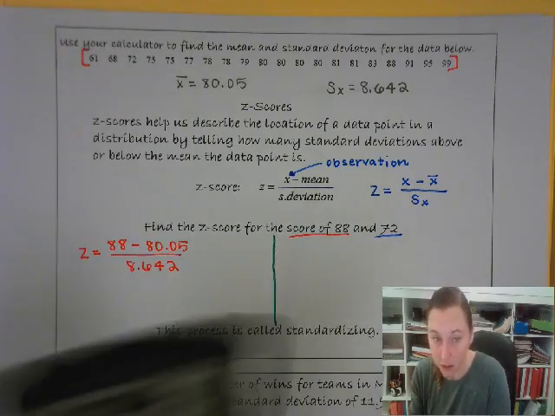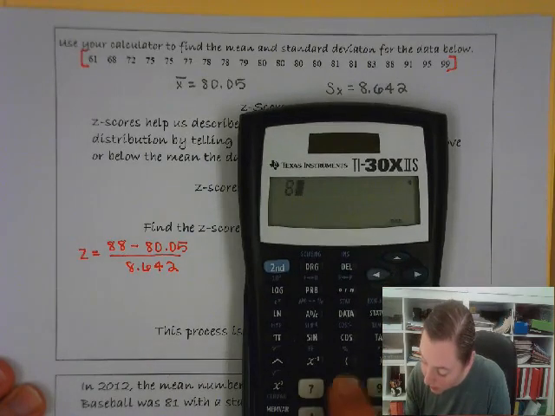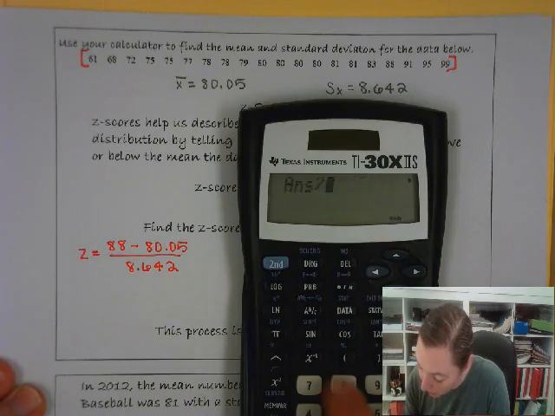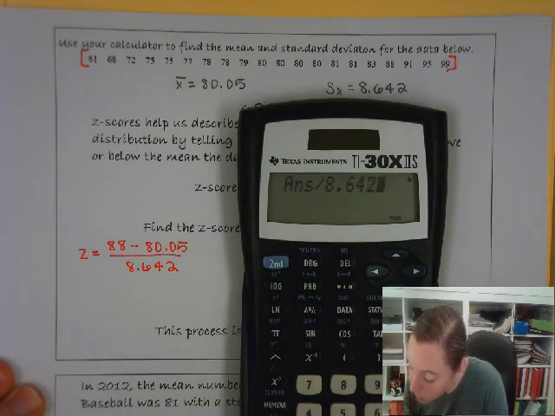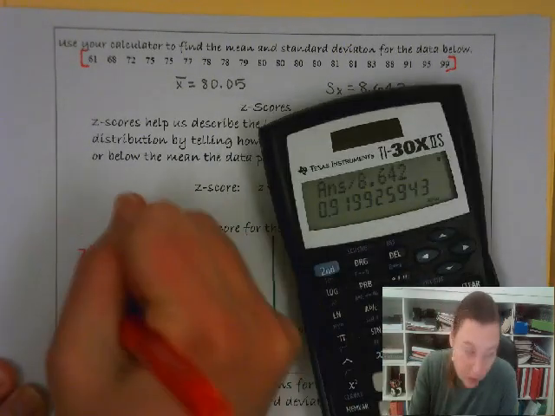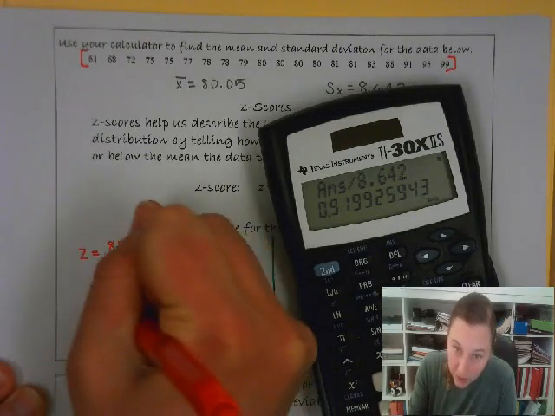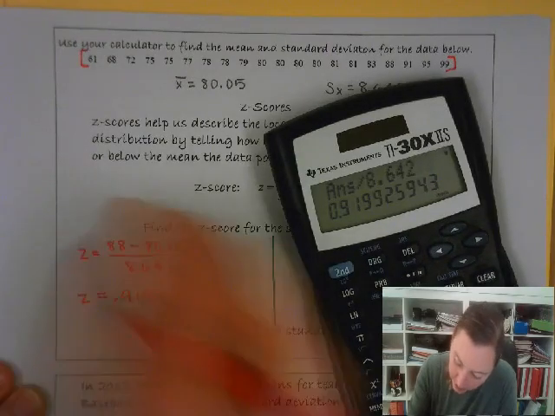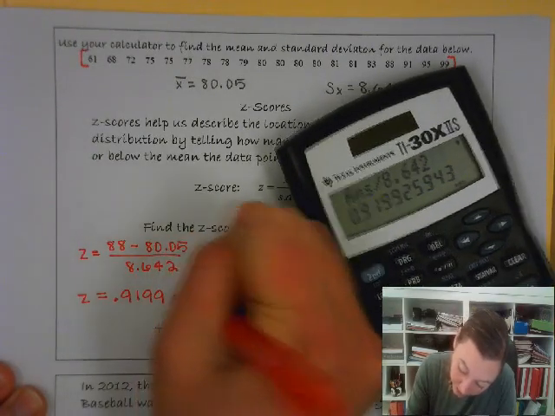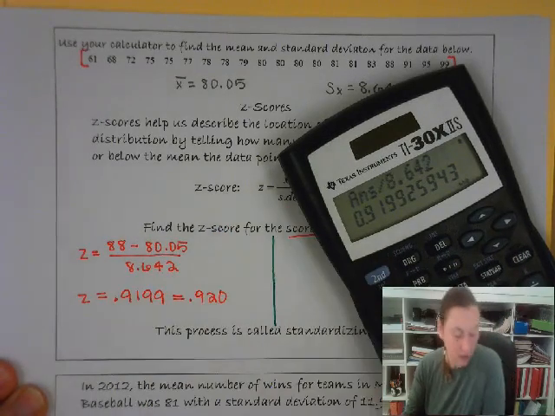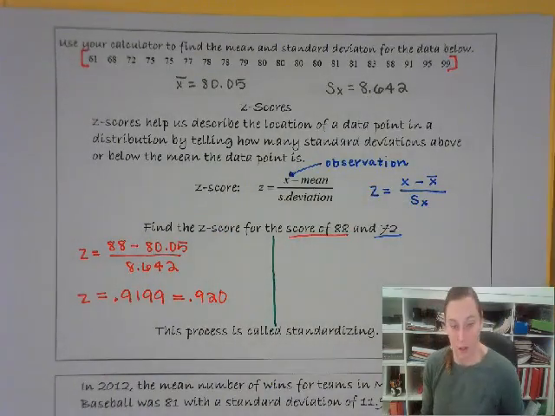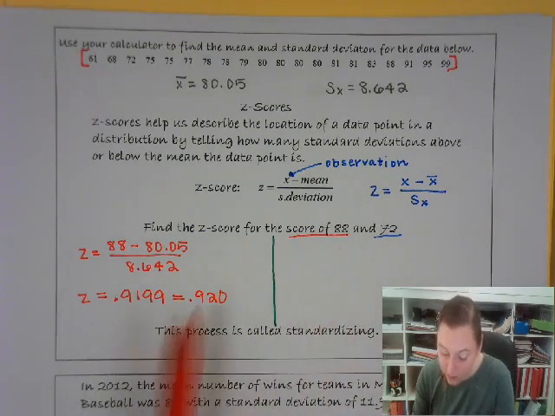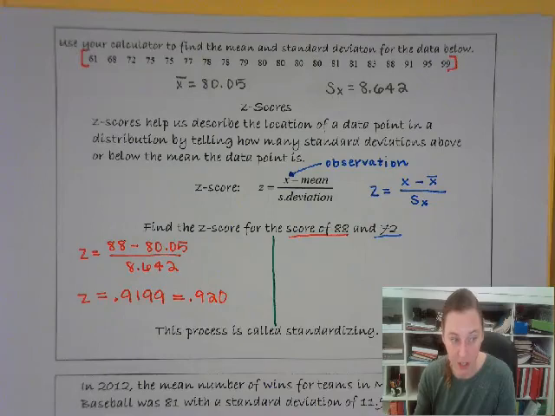So 88 minus 80.05 divided by 8.642, which gives us 0.9199. Well, I guess if I round, 0.920. And so what that tells us is that a score of 88 is 0.92 standard deviations above the mean.